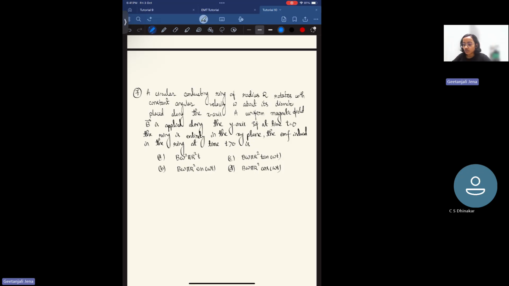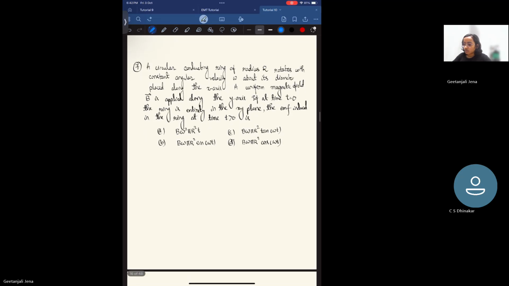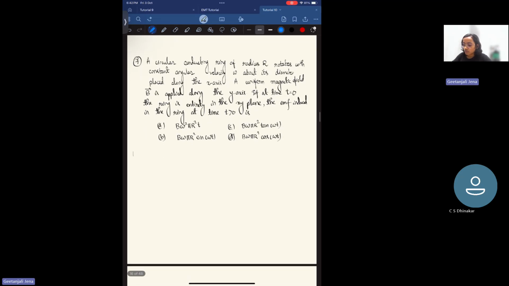If at time t equal to 0 the ring is entirely in the xy plane, the EMF induced in the ring for time t greater than 0 is. So I would like you to solve. Let us try first, then let me know whether you are getting the answer or not. And if you are getting stuck, let me show the steps.